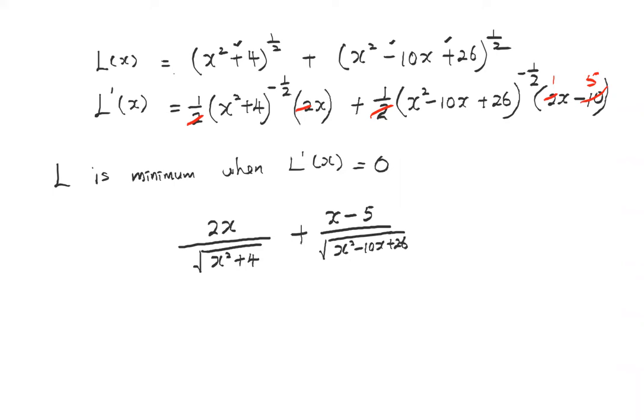Teacher, I think on top is supposed to have no 2. For the 2x, maybe. Okay, thank you. Yes, you are right. x, equal to 0. So how to solve this manually? Look, I will transfer one of them to the other side.